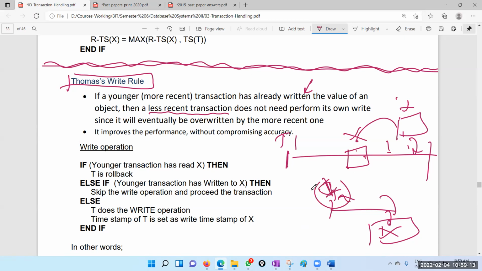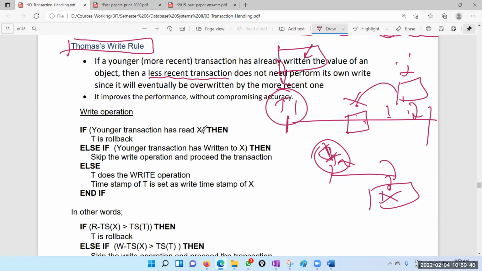This guy has more priority, because the later transaction has the authority to override the values of all earlier transactions. So you just ignore your write operation and proceed. You don't do anything. That is what the Thomas Write Rule says, because it doesn't violate any business rules. So that is what the Thomas Write Rule is.